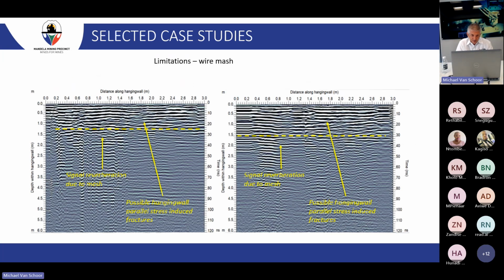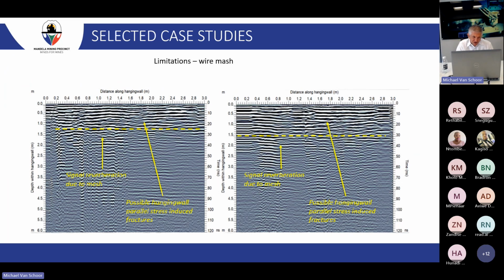I mentioned earlier that sometimes GPR is used in the wrong places. This is a typical example of GPR being used in a mesh environment. Now, some of you will already know that it's not impossible to do GPR where there's mesh or roof bolts. Roof bolts are less of a problem, but it all depends on the frequency that you're using and also the spacing between the roof bolts and the spacing of the mesh.